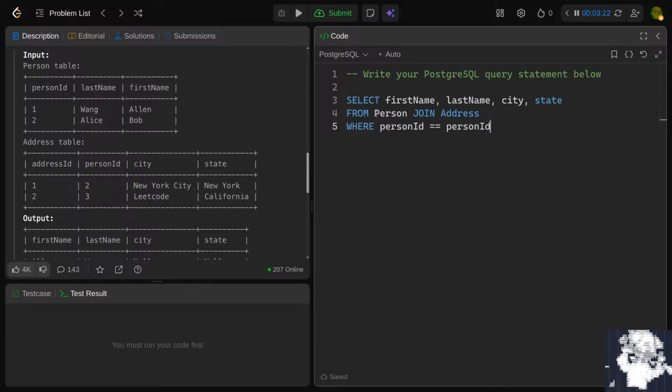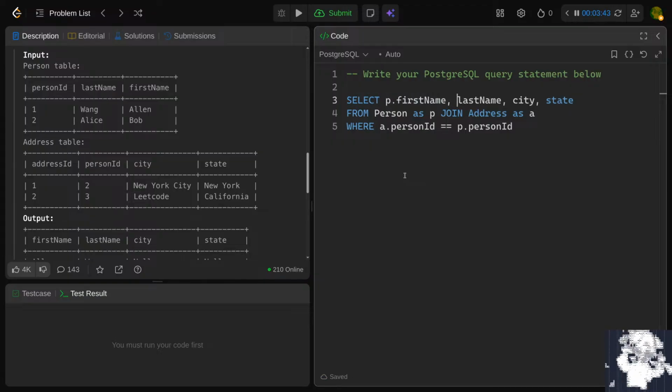Okay, then I need to have names of these tables, so I'll call person P and address A, and then I'm going to say where a.personID equals p.personID.